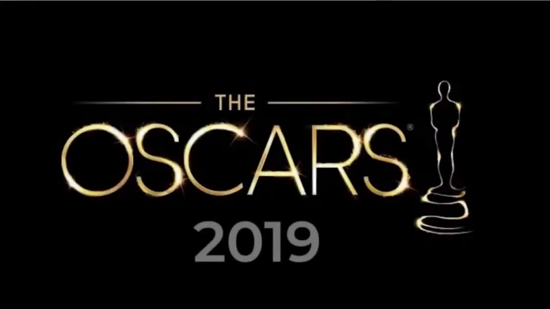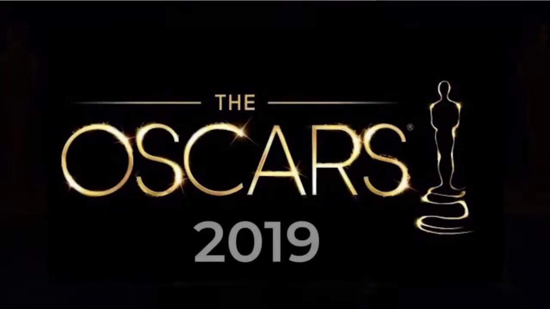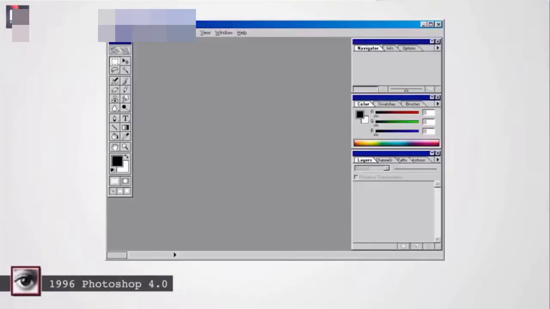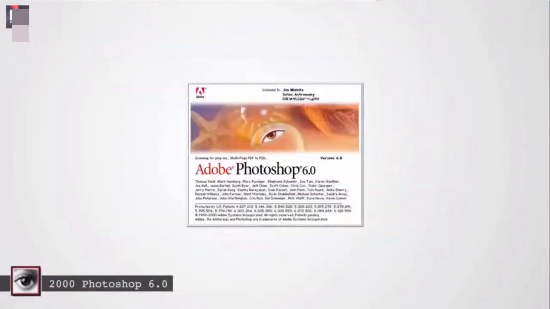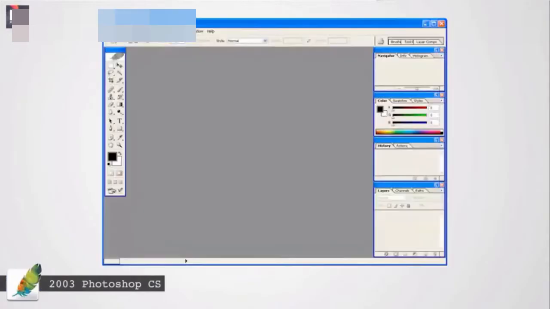Thank you. Super. Yeah. As other college kids were doing keg stands, one PhD student named Thomas Knoll began writing a program to display grayscale images on a monochrome screen. Meanwhile, his brother, John Knoll, was working at ILM.